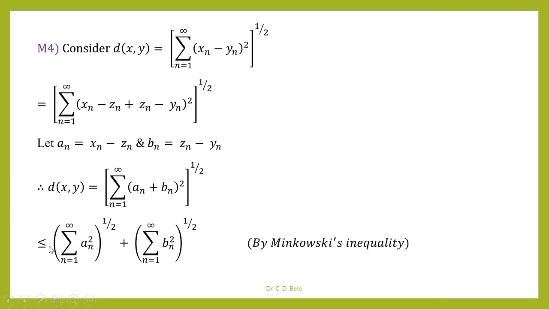We get this value is greater than or equal to the summation of an squared, n equal to 1 to infinity, raised to 1/2, plus the summation of bn squared, n equal to 1 to infinity, raised to 1/2.